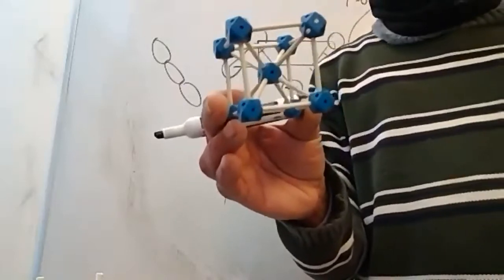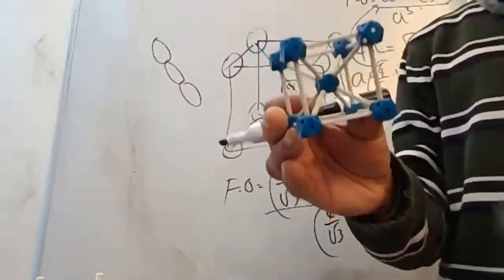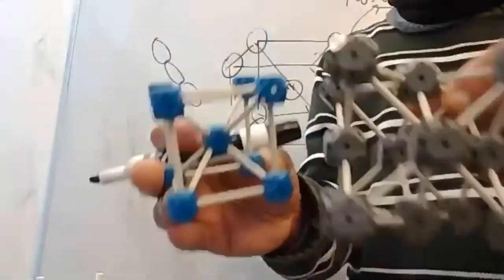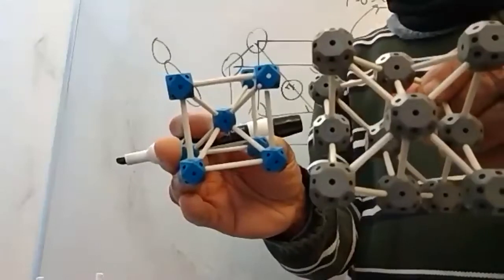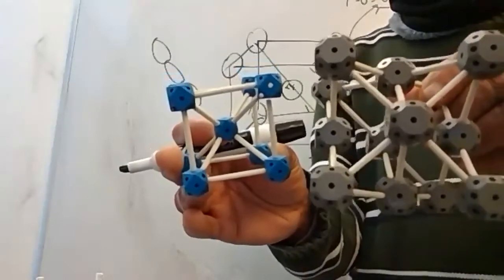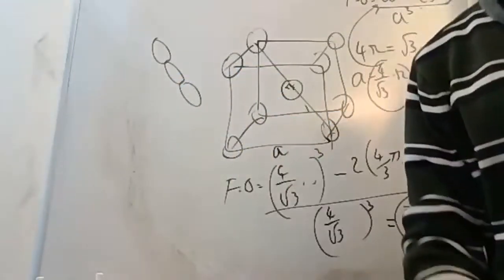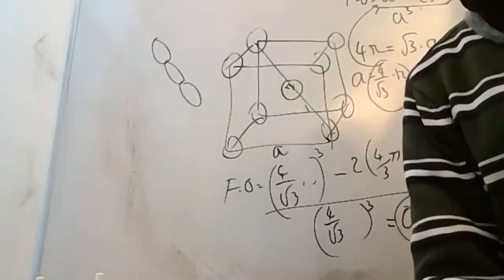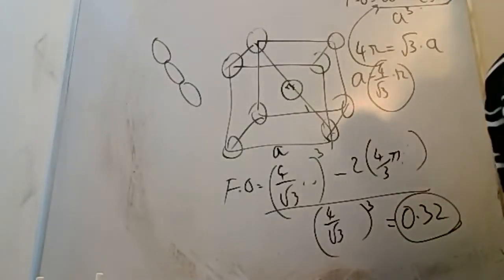Am I making sense? So which one is an efficient packing system, face-centered or body-centered? Face-centered. Face-centered has a better occupancy, 74%, compared to 68% that you see for the body-centered cube.